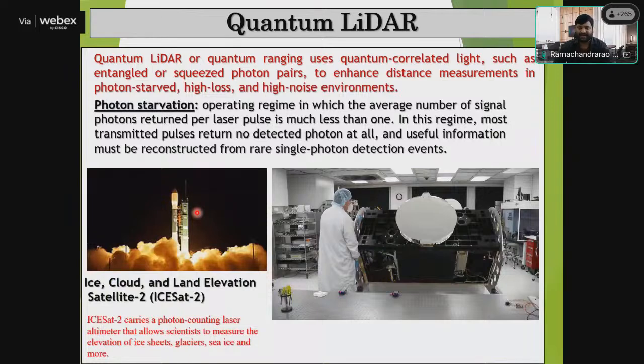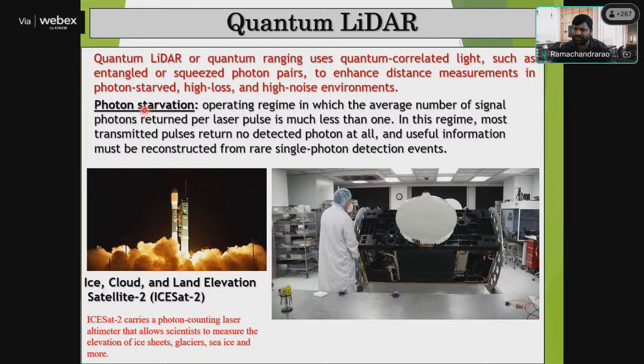Okay. Another powerful application is called quantum lidar. Most of the time it uses correlated light, such as entangled photons or squeezed photon pairs, just to enhance distance measurements in photon starvation. Because when you send light through space, normally there are a lot of losses.